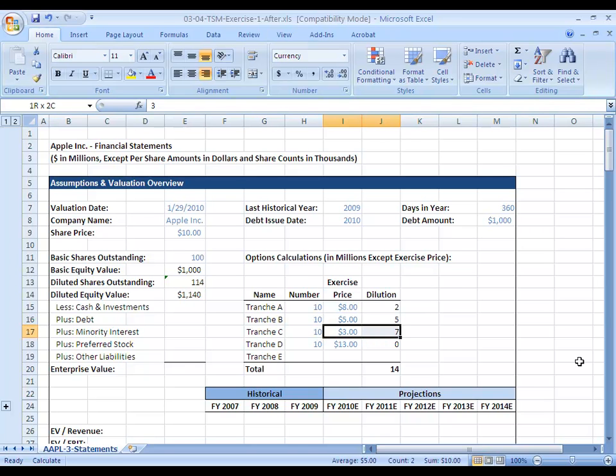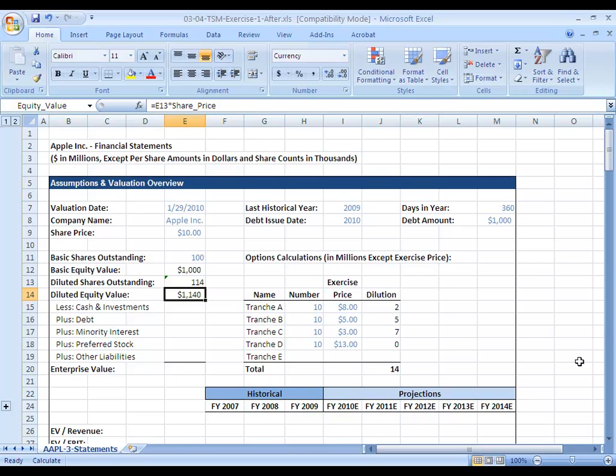So it always adds up to 10 in these cases where we have very even numbers like this. That's one quick trick you can use to check your mental math in the context of interviews when you get questions like this. We see here that it adds up to 14, so we have 114 diluted shares outstanding, and a diluted equity value of 1,140 right here.